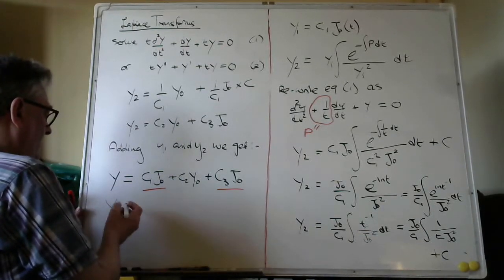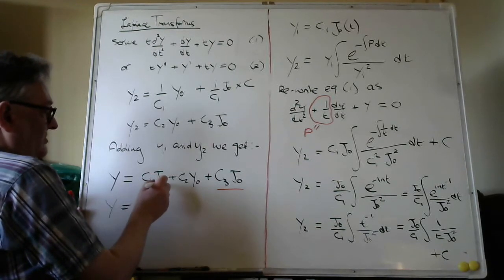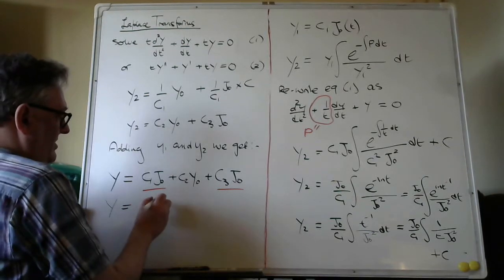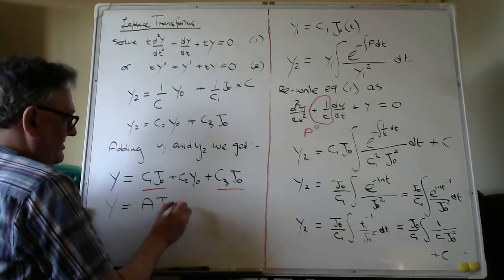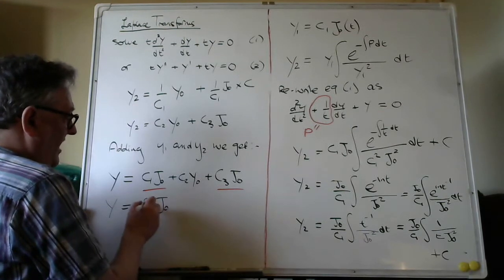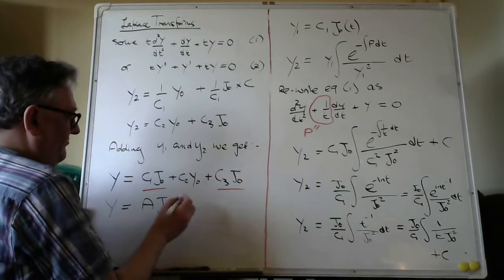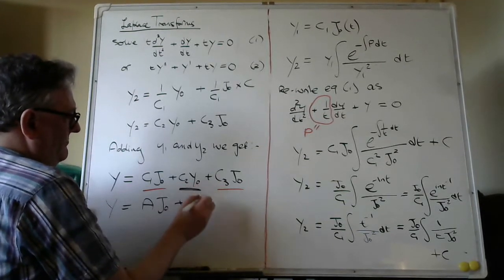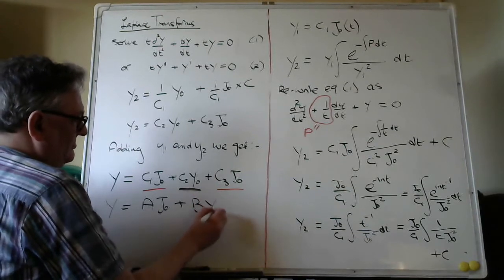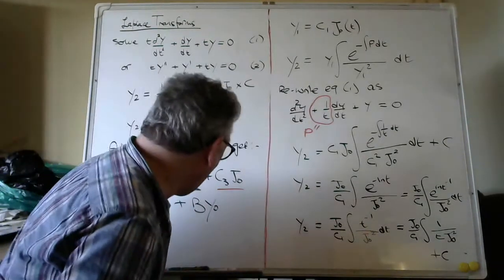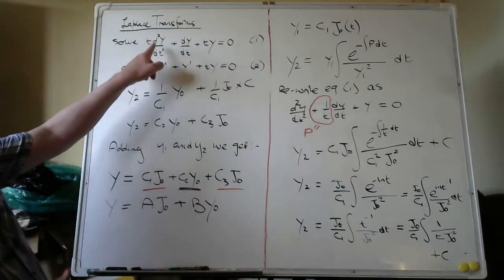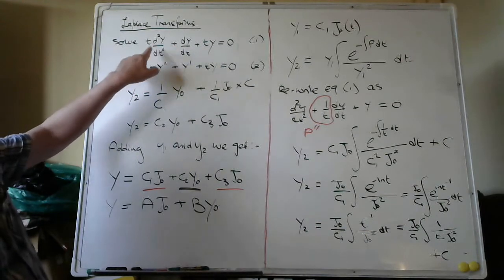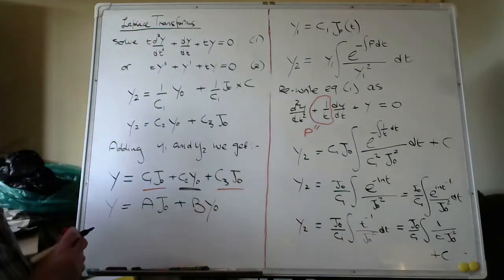So if you add the c1 j naught to c3 j naught, you just get another function in terms of j naught, A j naught, where A is equal to c1 plus c3, and of course you've got your other solution here, which I'll call B y of 0. Now that is the general solution to either form of the Bessel equation, which is that or that.